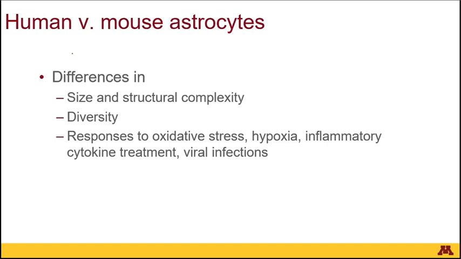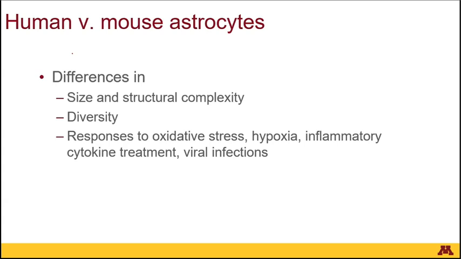Okay, human astrocytes are larger and more structurally complex than their rodent counterparts. There's also some evidence that human astrocytes are even more diverse than mouse astrocytes, which are already pretty diverse.